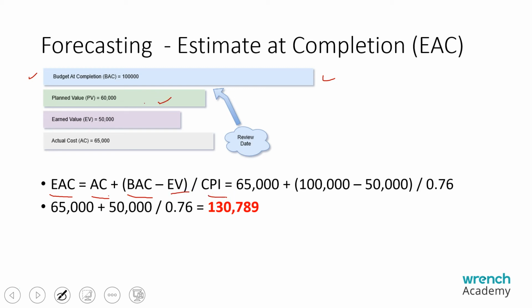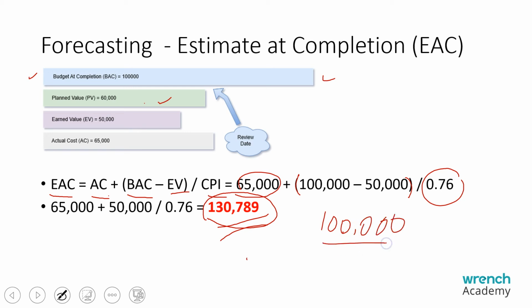So in our case, actual cost was 65k, so 65 plus 100,000 minus 50,000, and in the previous example our cost performance index, the earned value by plan value, was 0.76. So in this scenario we will be consuming 1,30,789 when we complete the project, whereas the budget was only 100,000.